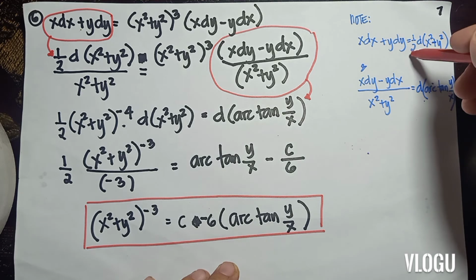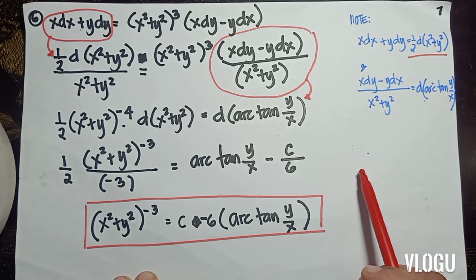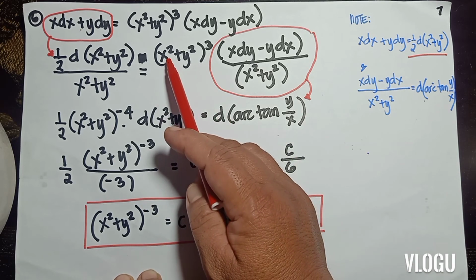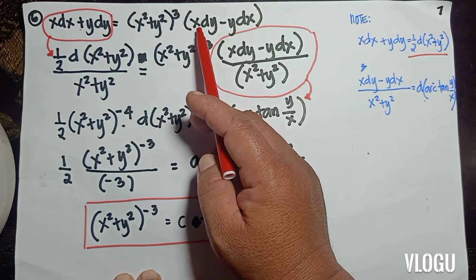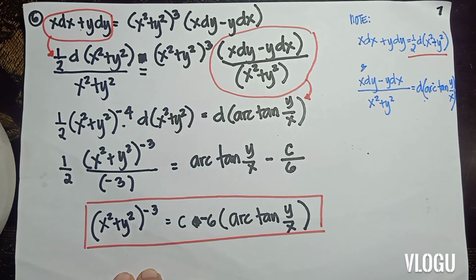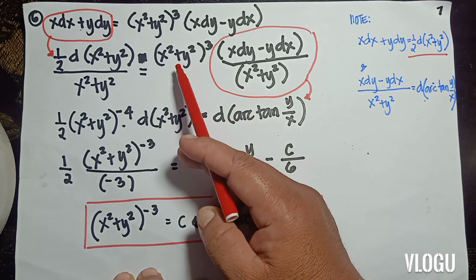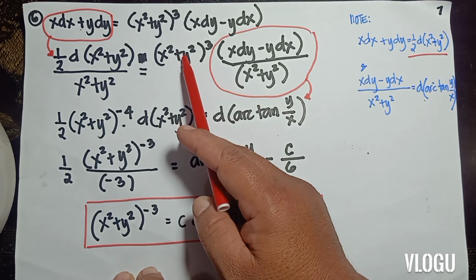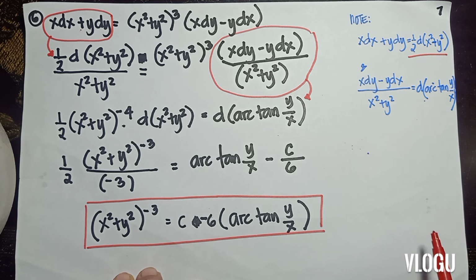Okay, from here. So here, you have x squared plus y squared cube. In our given, we have x dy minus y dx. So how are we going to answer this one? So that we can get rid of x squared plus y squared cube, what we're going to do?